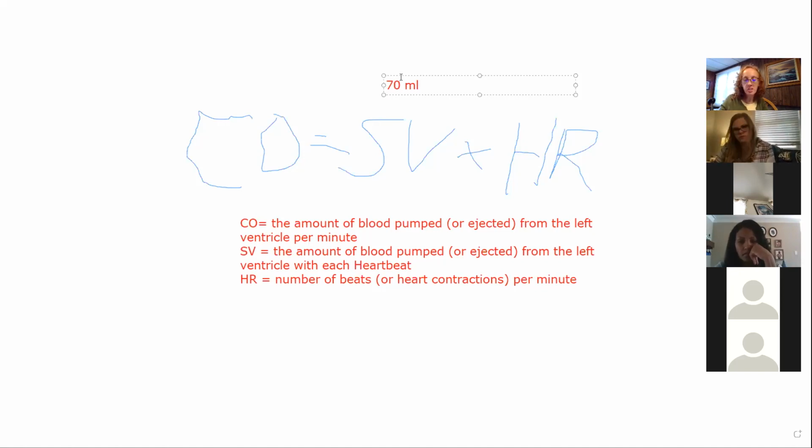And then you have, let's say, your typical resting heart rate is 72 beats per minute. Times 72. You multiply those together, beats per minute, BPM.